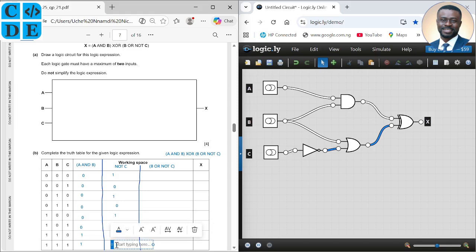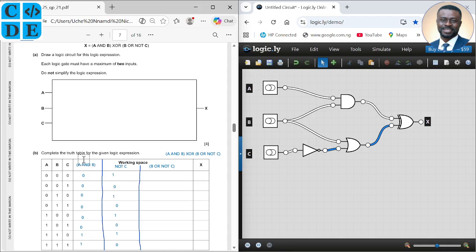So you need to be careful with this. 1 becomes 0. So let me double check, please. When you do this, double check, double check, double check. 0 0 0 and 0, 1 0, 0 1, 1 0, 1 0 0, 1 1.